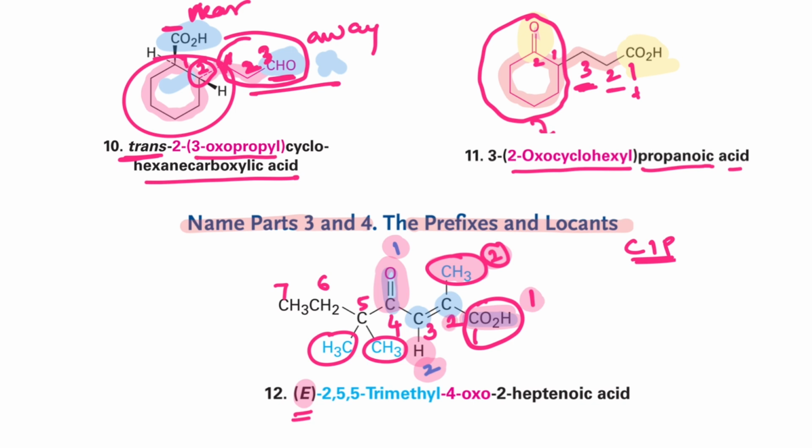This is called second, this is called fifth. Therefore, 2, 5, 5-trimethyl. How many times is there? 3 times is there. Therefore, trimethyl. At the fourth position we have oxo. Therefore, this is fourth position oxo. At the 2 position a double bond is there, therefore 2-heptanoic acid.